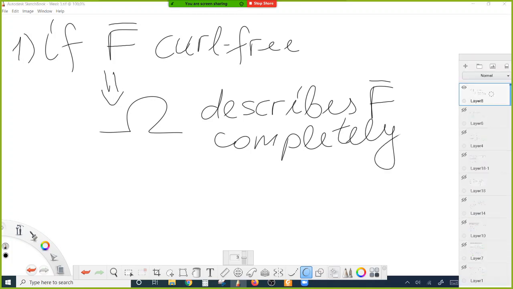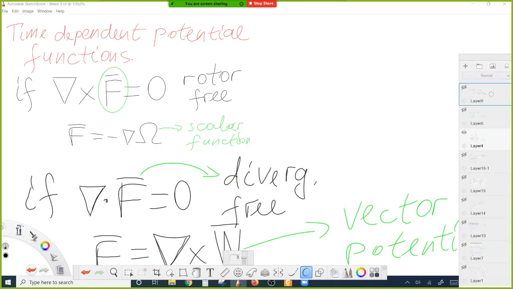We have seen the demonstration of this in this slide. Omega is a generic scalar potential which can describe our vector field f completely.